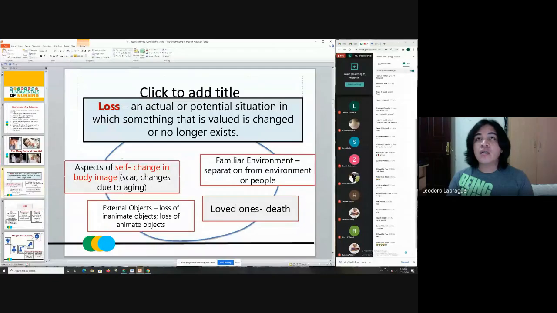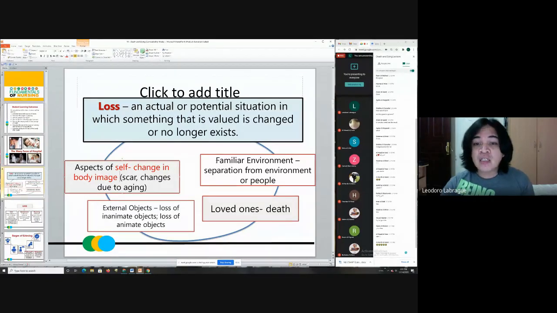Okay, what else? If you had a surgery, if you had an accident, and you experience some scar or mark on your skin, and it doesn't look good, what will you feel? You feel that something is lost. Again, loss is not necessarily a loved one who dies. It could also be a change in your body image.